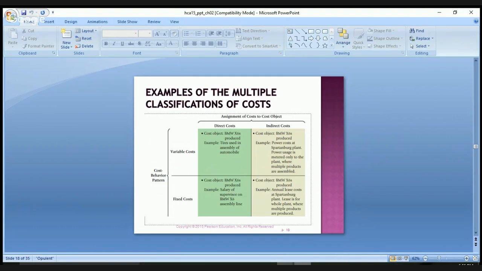And then the indirect costs that are fixed costs: the annual lease cost of the plant. The lease is for the whole plant, whereas multiple products are produced. So the cost object would be how much floor space the X6 takes up. That would probably be what they'd use to divide up the fixed cost there.